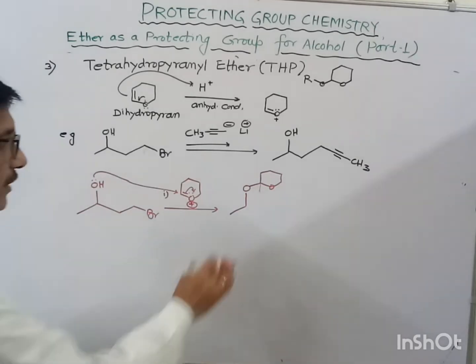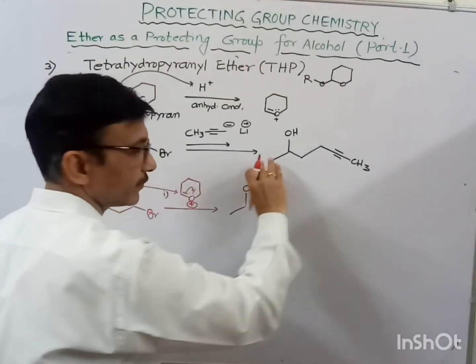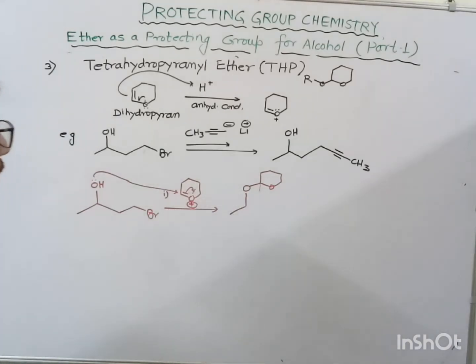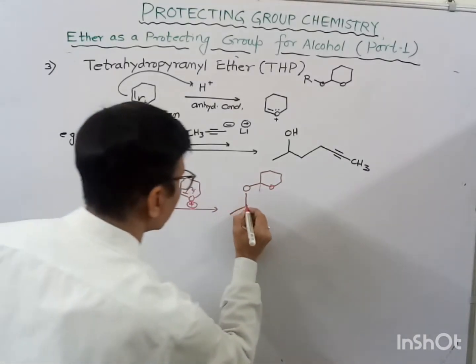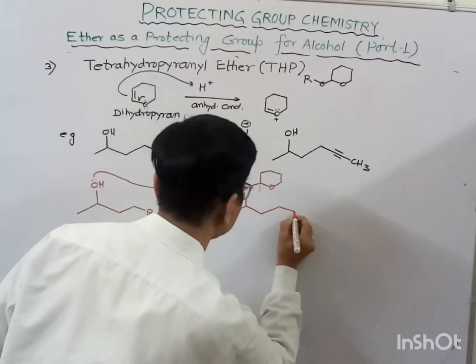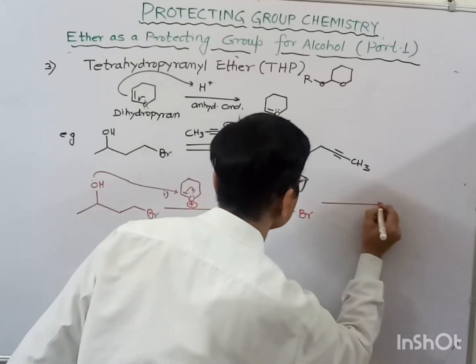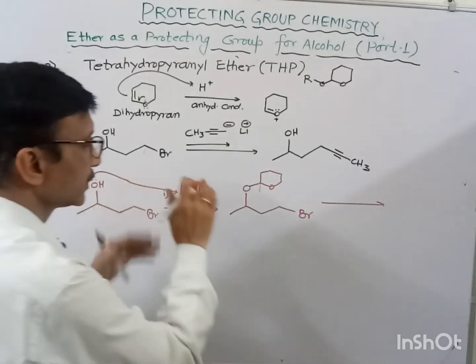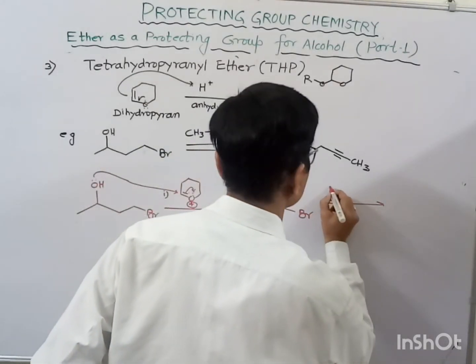Either here we can write a THP only, in place of this we may write the THP. So here I have protected this OH group. Now this can be reacted.